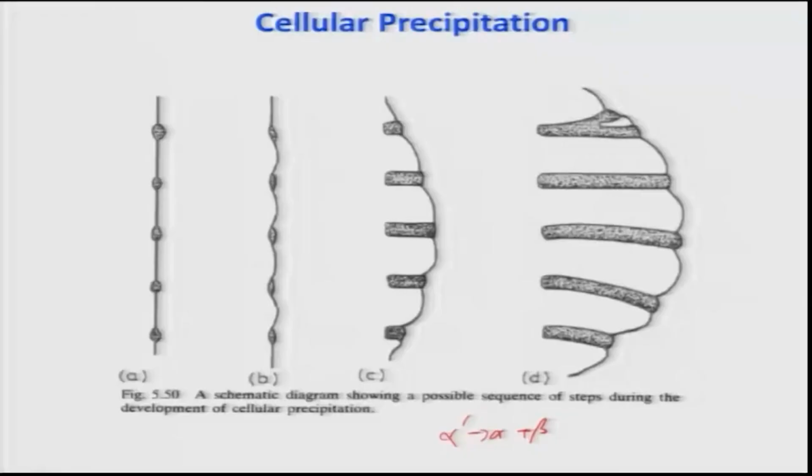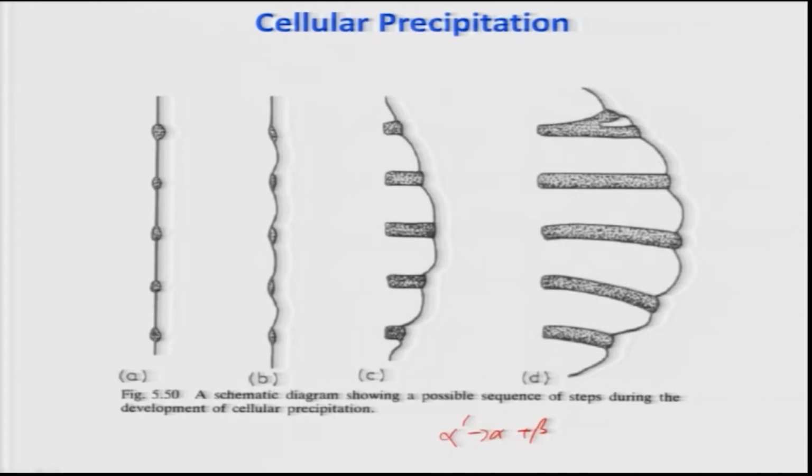Okay, let me go back to this picture. The tip of the precipitate is always present at the grain boundary. So the grain boundary, which is a better, faster path of diffusion for the solute, can act as a feeding channel for the solute to reach the tip of the precipitates, and the precipitates then grow.